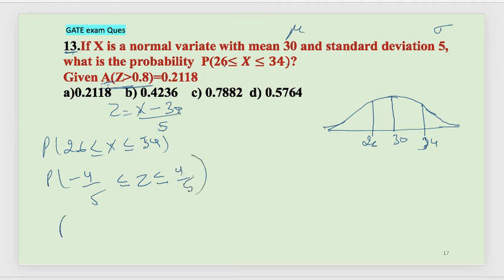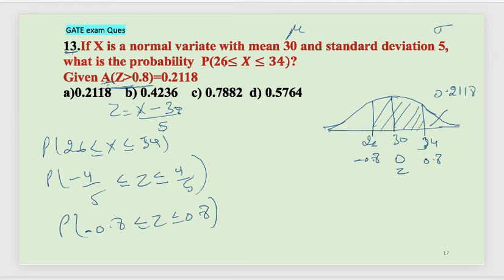So we can see that this is minus 0.8 and this is plus 0.8. When we convert it into z, this becomes 0 for the z, and the limits become minus 0.8 and 0.8. As per the given information, the area beyond 0.8 is given to us as 0.2118, and the question is demanding the value between 26 and 34.